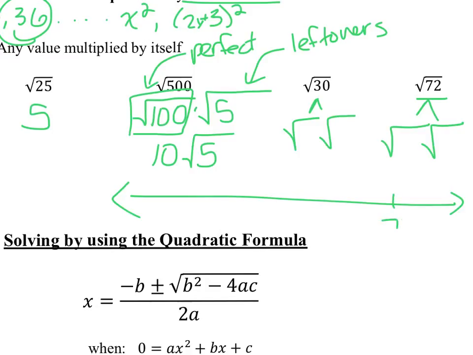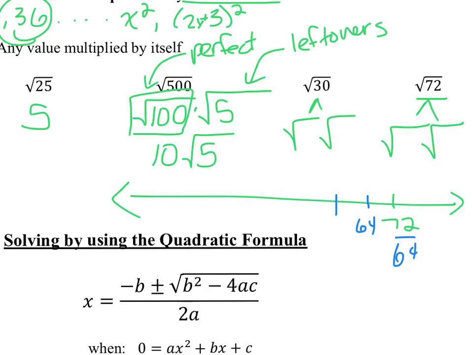So if 72 was here, the next perfect square closest to it is 64. And we would just type in our calculator, 72 divided by 64, and see if it divides evenly. It doesn't. So then we go to the next one down.